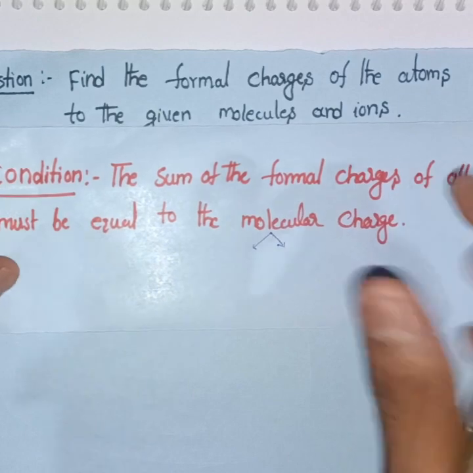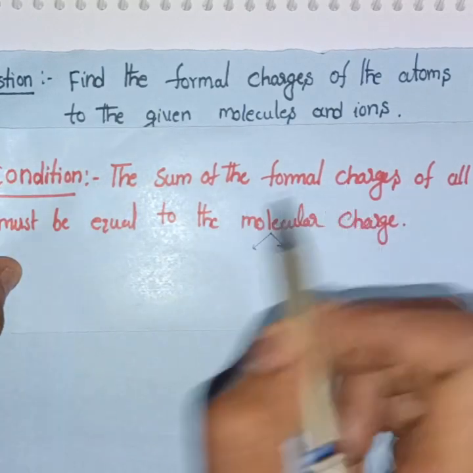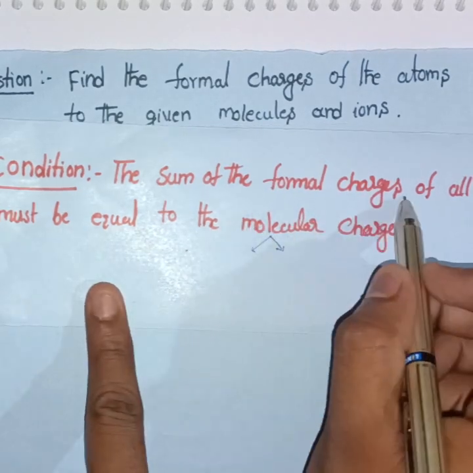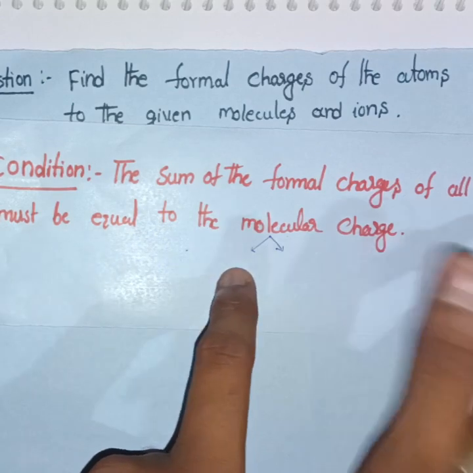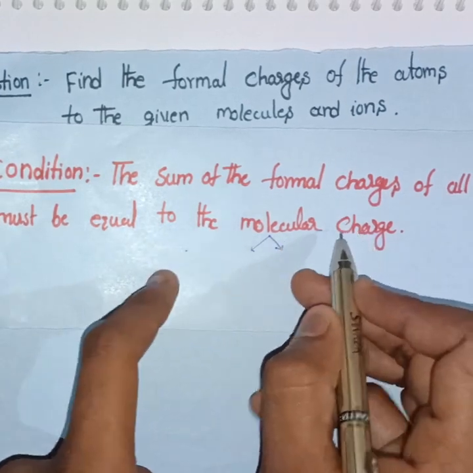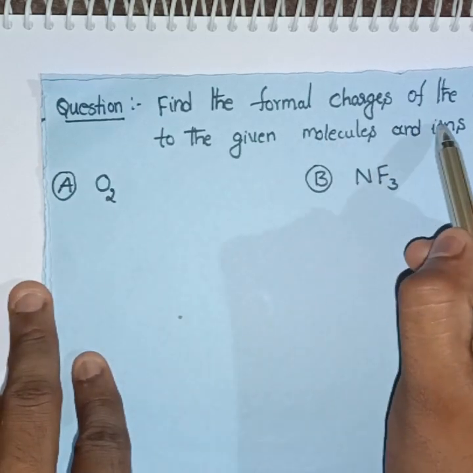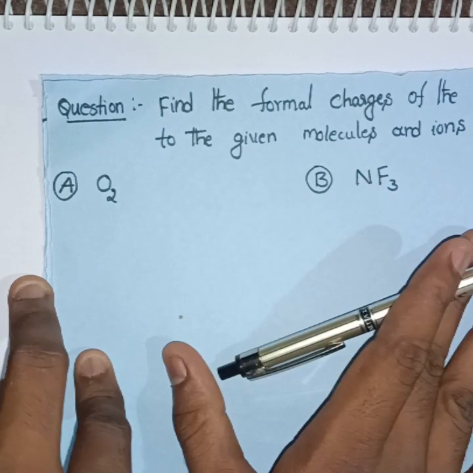First thing, there is one condition when we are doing formal charge problems. The sum of the formal charges of all atoms must be equal to the molecular charge. Find out the formal charges of all the atoms in the given molecules and ions.